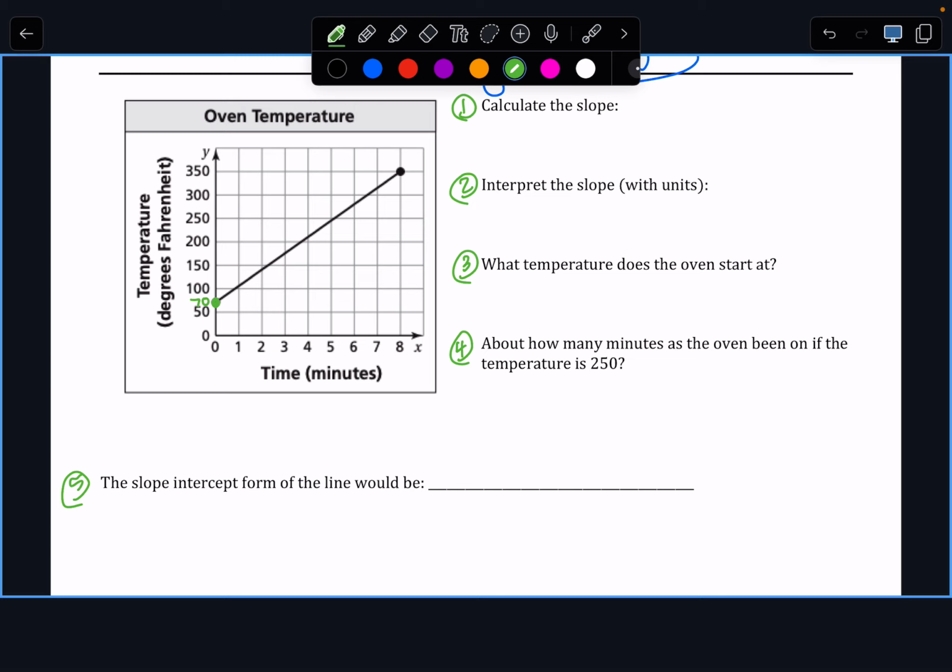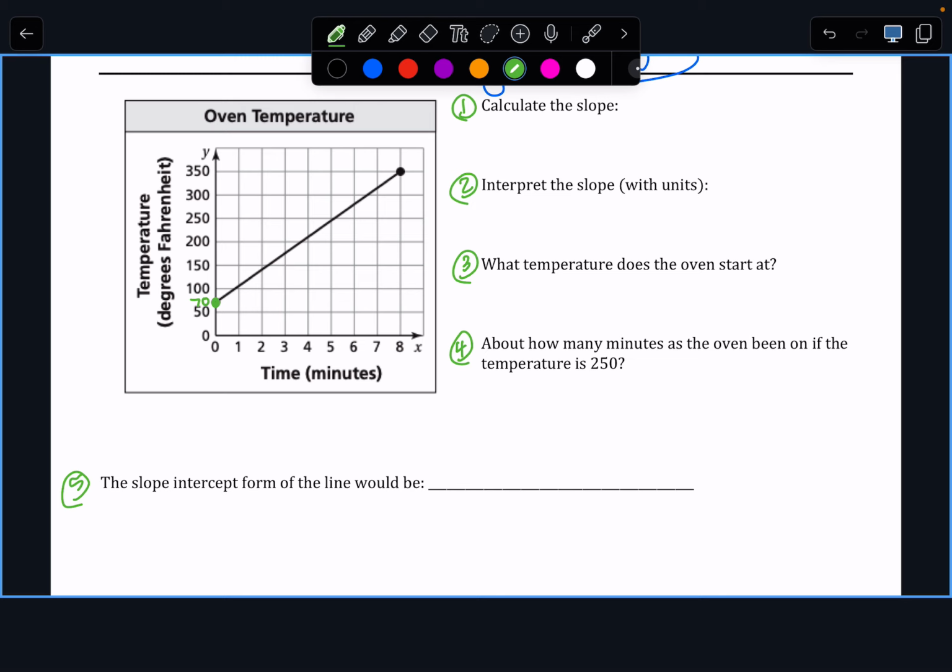Remember, slope is rise over run. You may need a calculator to help you. It would not be 70 over here because we're going from this dot to this dot. So rise over run. You have 2 dots. We're starting here, right?